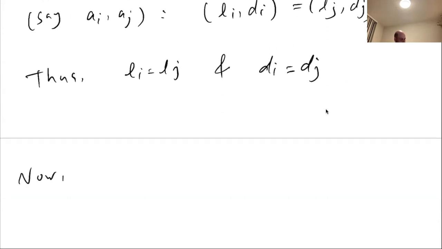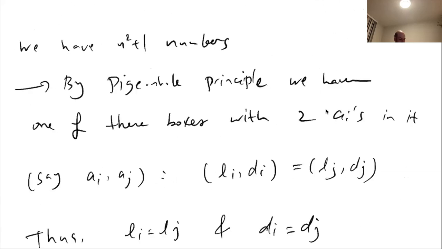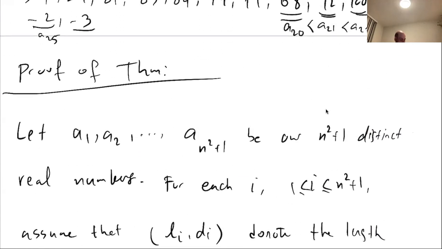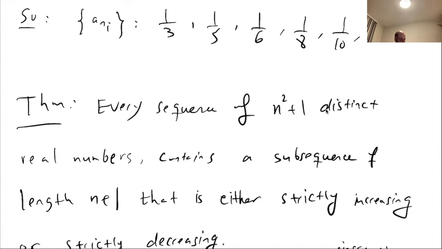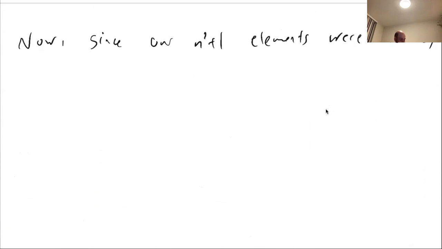Now, since our n squared plus 1 elements were distinct, remember our assumption was that we have n squared plus 1 distinct real numbers. That was the original assumption of the theorem: every sequence of n squared plus 1 distinct real numbers. So since our n squared plus 1 elements were distinct, we can have two cases.